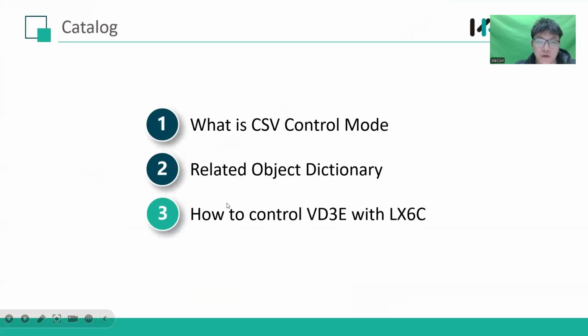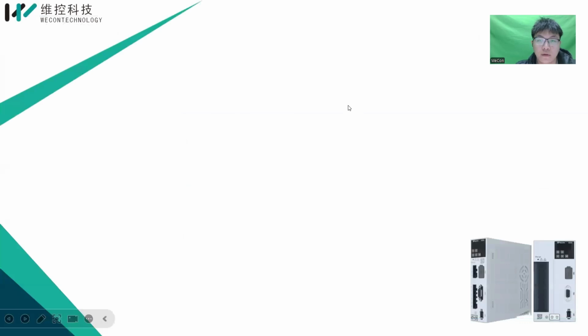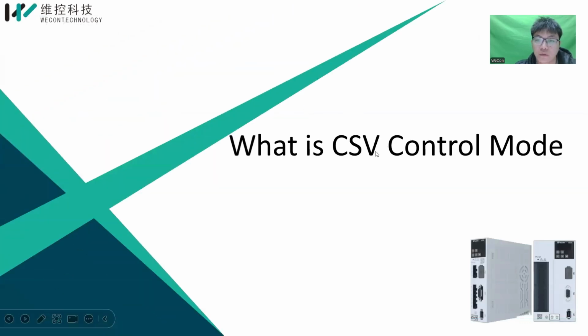Today I will show you how to configure it with Ctrl C software, LX6C. If you joined the last two trainings, you will see the configuration is similar between 6C and 6V. Today our training will last about 20 minutes.